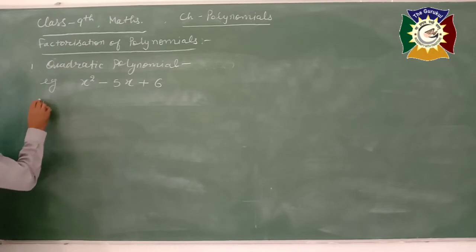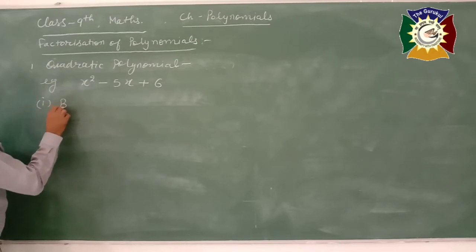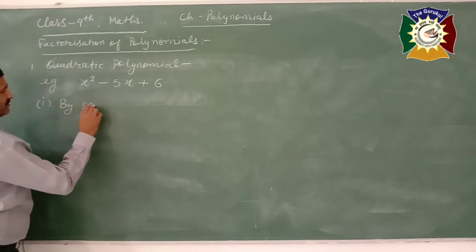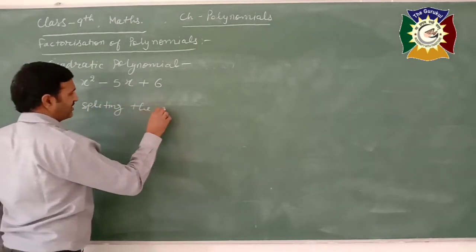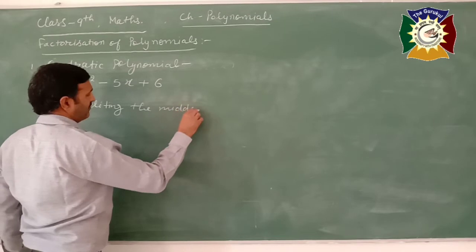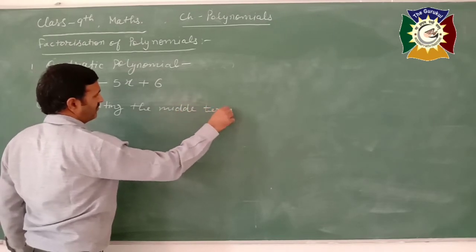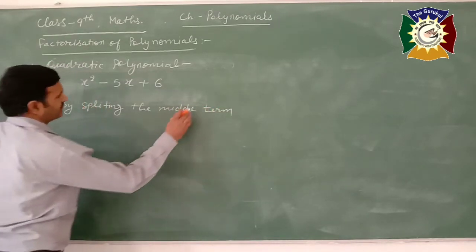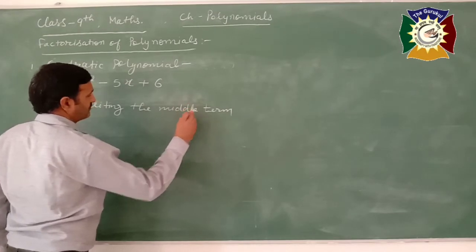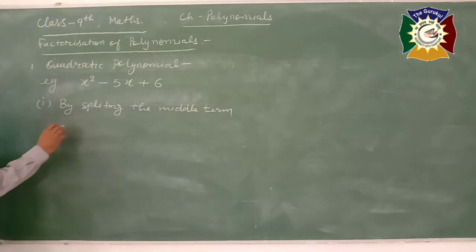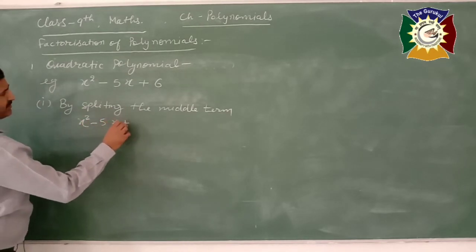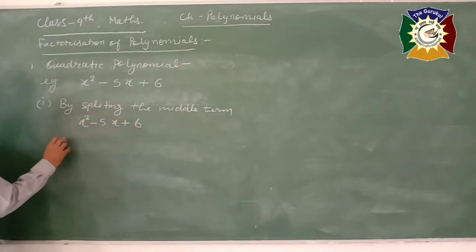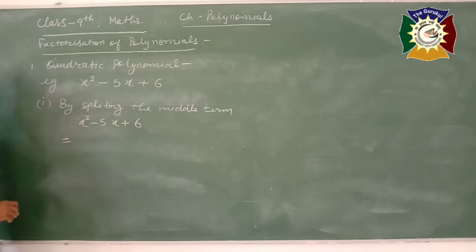First method, by splitting the middle term, taking the given polynomial. How will we split the middle term?